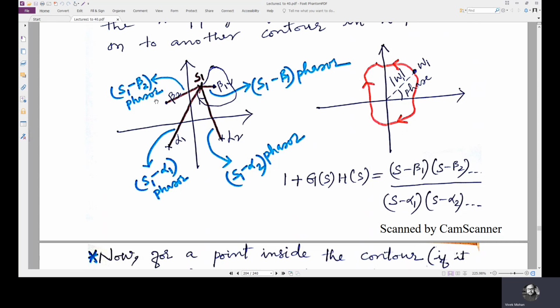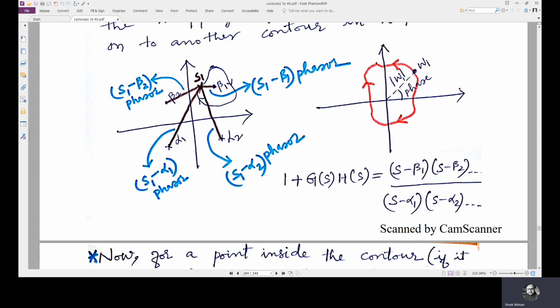Now we suppose that the points are here: alpha 1, alpha 2, beta 2, and beta 1. And you can see here beta 1 is the only point inside the contour, right? Now, how will you evaluate the numerator S minus beta 1 into S minus beta 2? Suppose we give S equals S1.